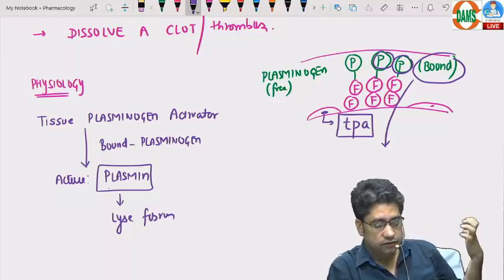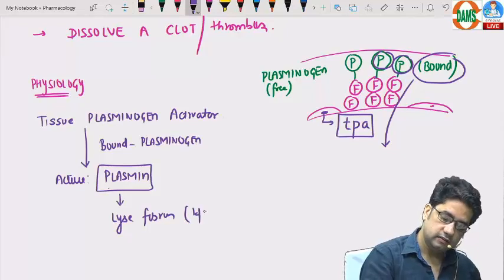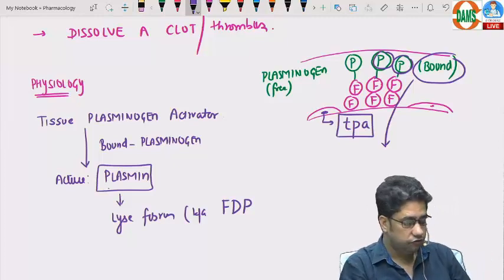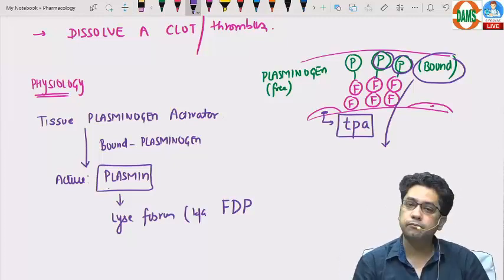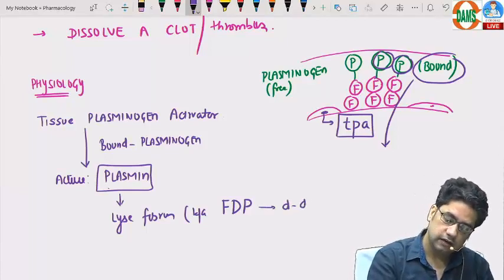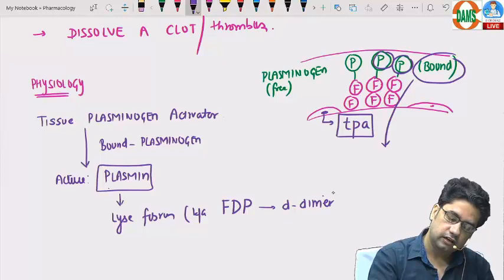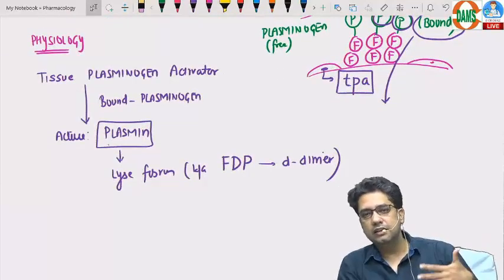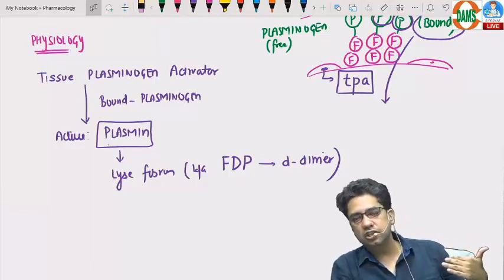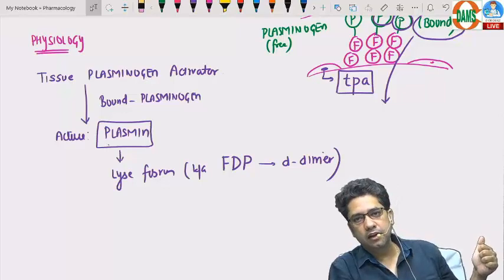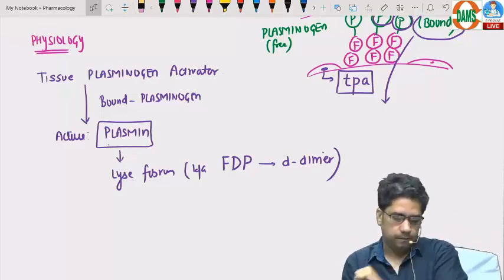The products which are formed are known as fibrin degradation products, and one of the products is D-dimer. D-dimer is a type of fibrin degradation product produced after degradation of fibrin by plasmin.